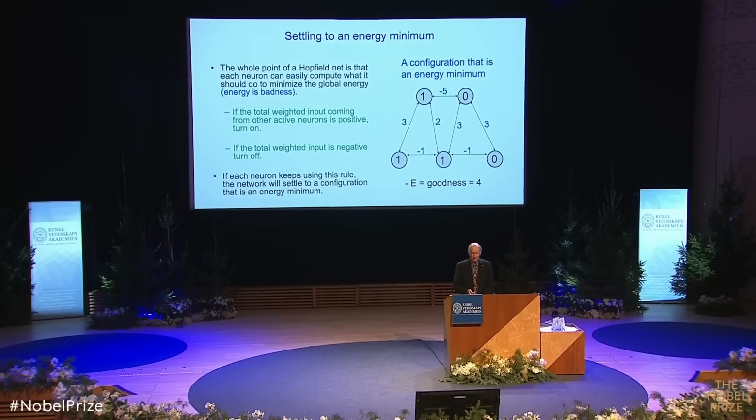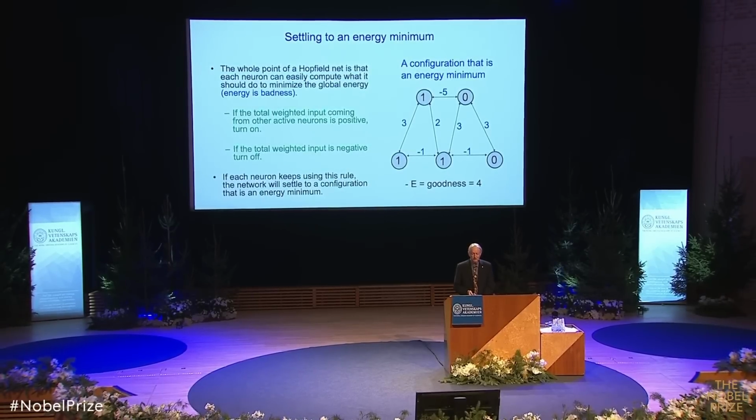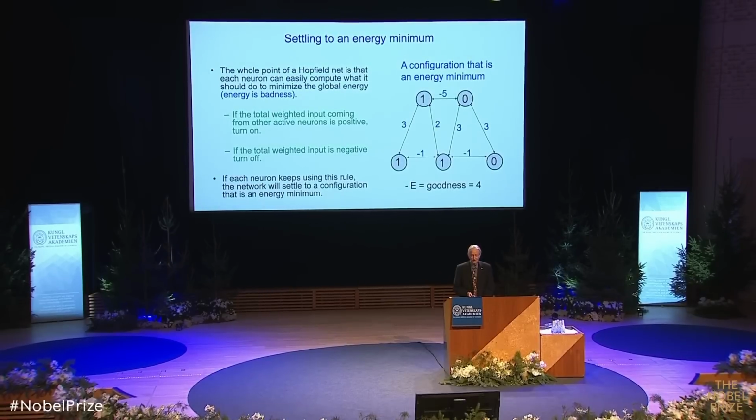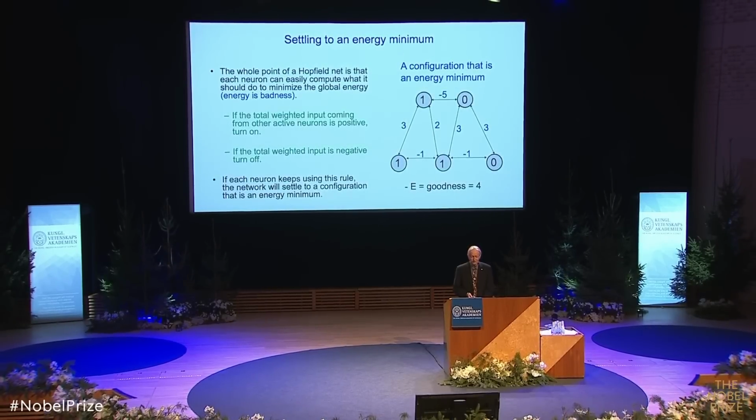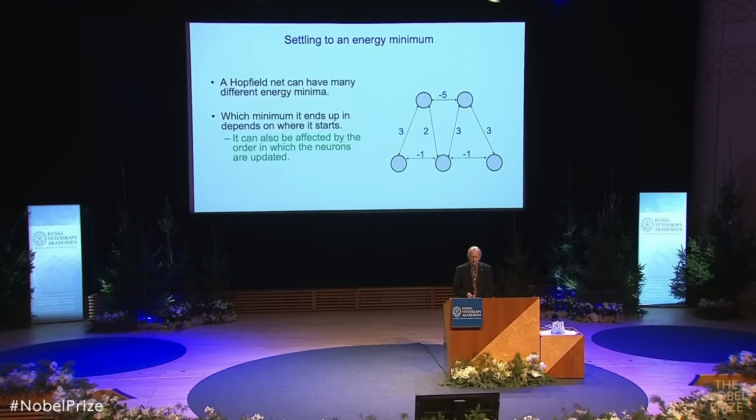So the configuration on the right there is actually an energy minimum. It has an energy of -4, and if you take any neuron there, the ones that are on want to stay on, they get total positive input. The ones that are off want to stay off, they get total negative input. But it's not the only energy minimum.